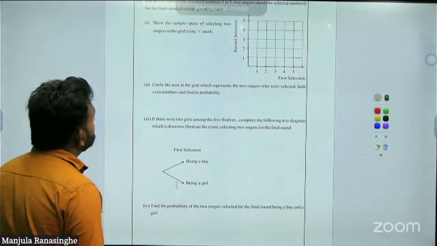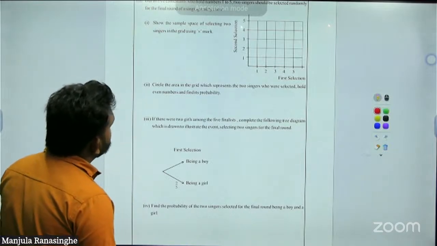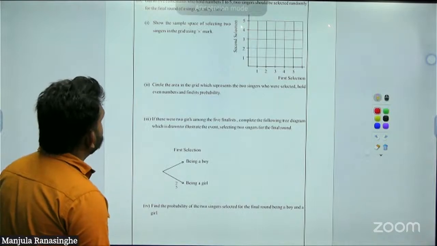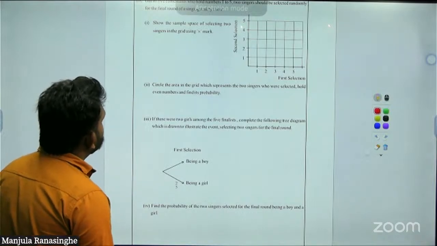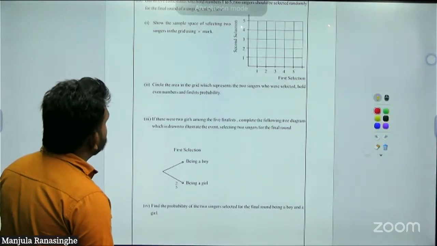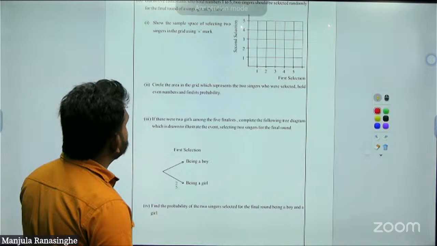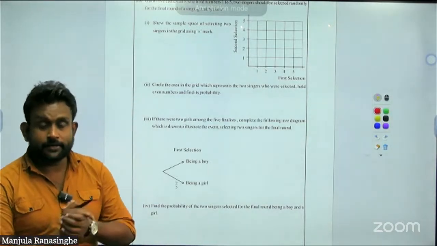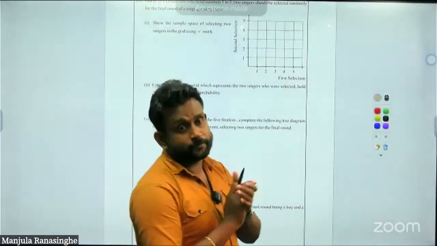Out of 5 contestants who hold numbers 1 to 5, 2 singers should be selected randomly for the final round of a singing reality show. Right, 2 singers. Show the sample space by selecting 2 singers in the grid using marks. And now you have to remember, two singers are to be selected.